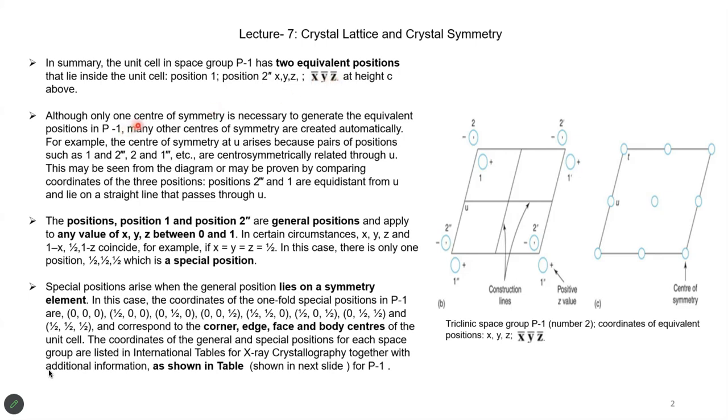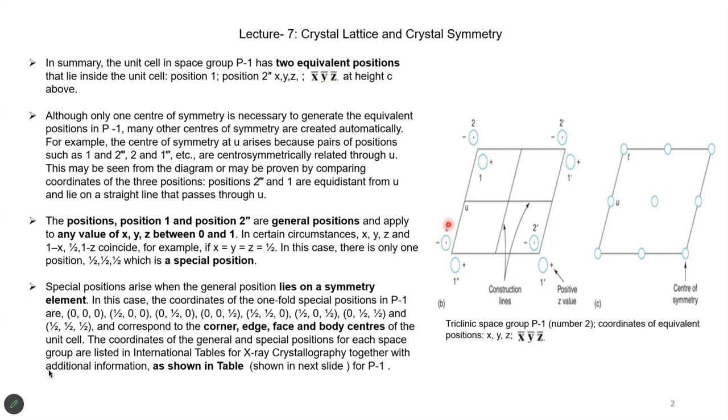Now, one center of symmetry generates the equivalent positions in space group P bar 1, and many other centers of symmetry are created automatically. For example, the center of symmetry at U arises because of pairs of positions such as we see 1 and 3, 2 and 3 prime.